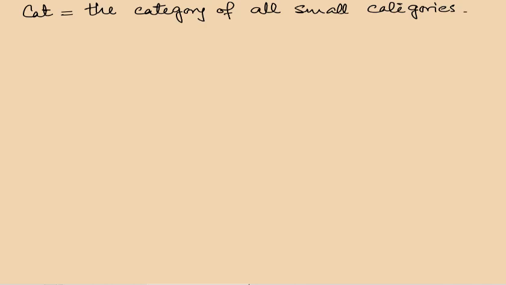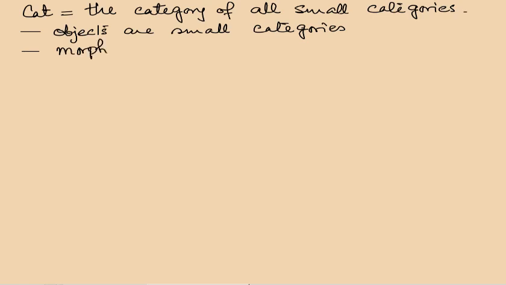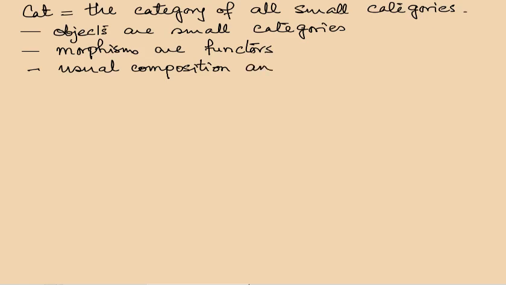Objects are small categories, morphisms are functors, and the usual composition and identities.